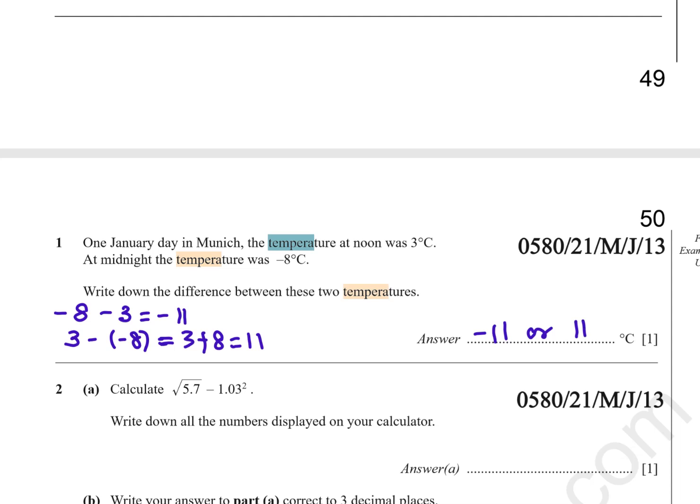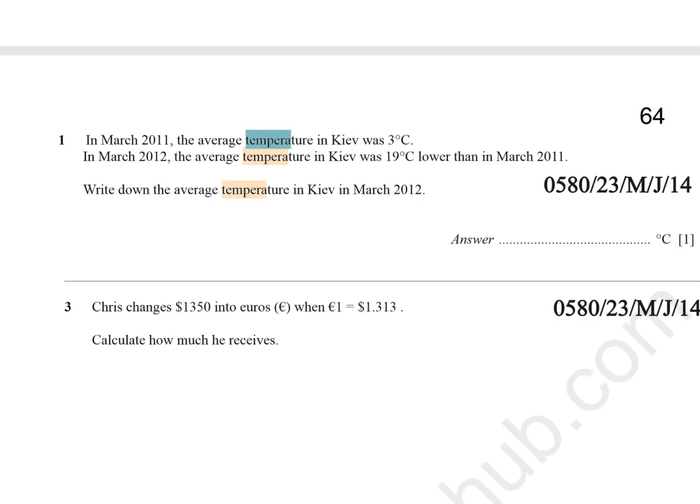Fine. Now this question has been taken from May June 2014. It's paper 2-3, question number 1. In March 2011, the average temperature in Kiev was 3 degrees Celsius. In March 2012, the average temperature in Kiev was 19 degrees lower than in March 2011. Write down the average temperature in Kiev in March 2012.